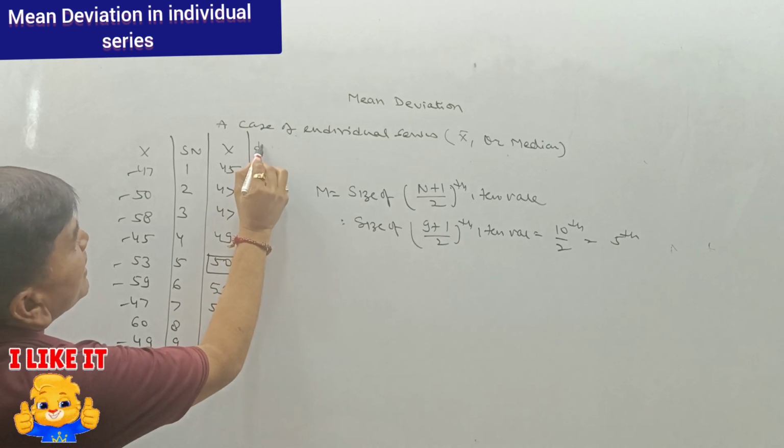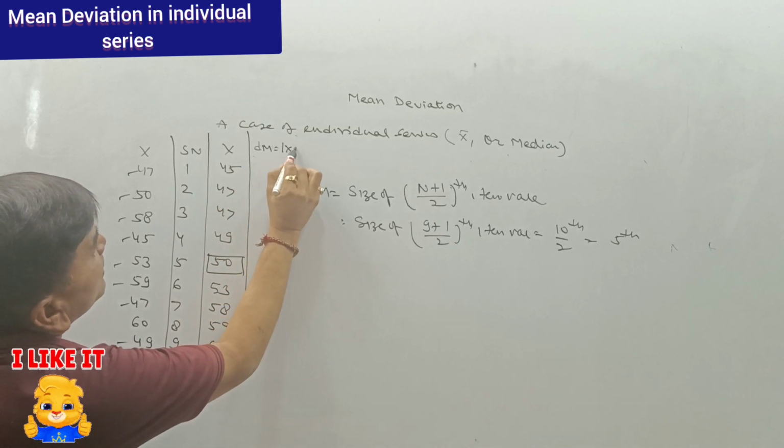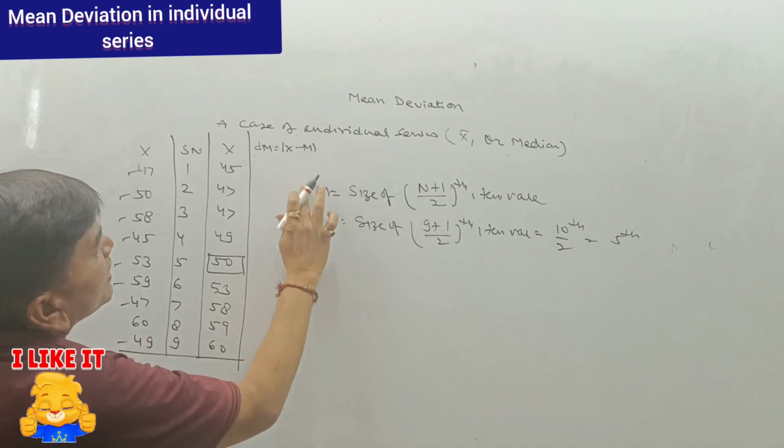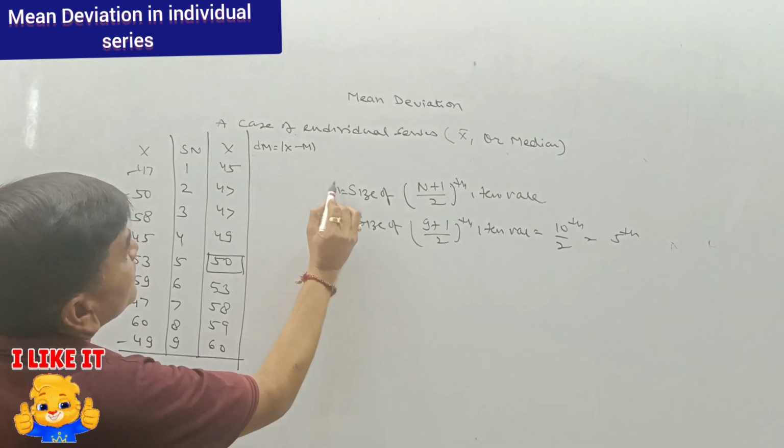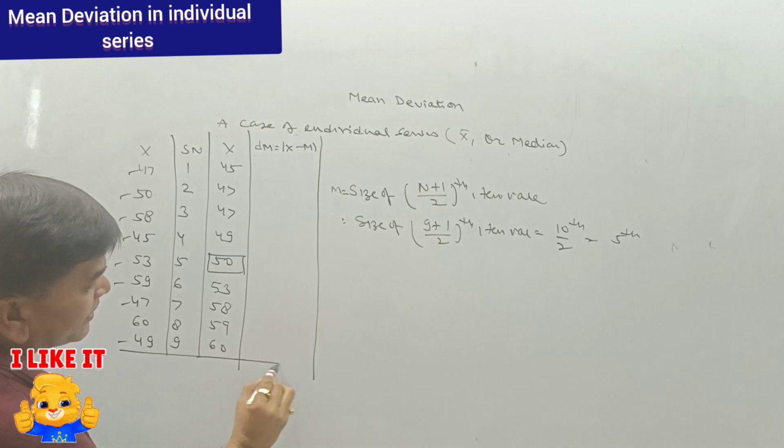So dm, that is |x minus M|, we have to calculate the deviation taken from the median.